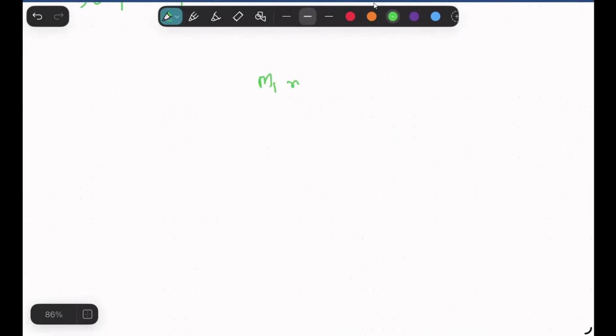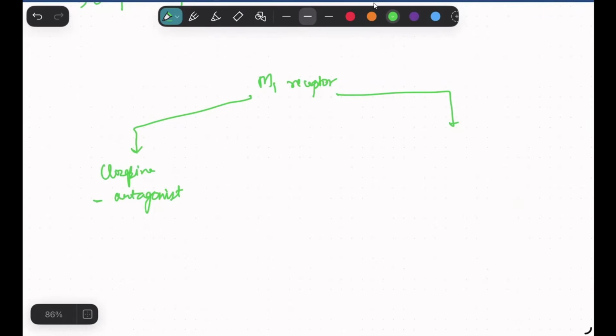If we consider the M1 receptor profile, clozapine acts as an antagonist and NDMC acts as an agonist at the M1 receptor.